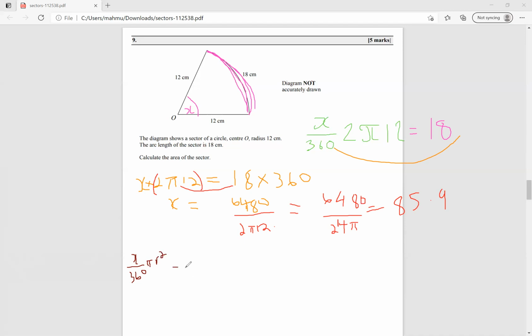Here my answer will be 85.9 divided by 360, then times it by pi, and the radius is 12. 12 squared is 144, and that will give me my area. The area is 108. That's it.